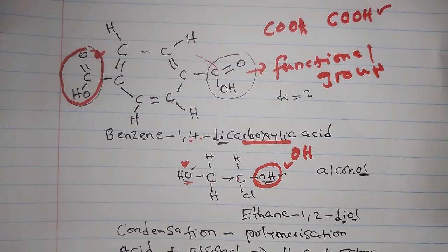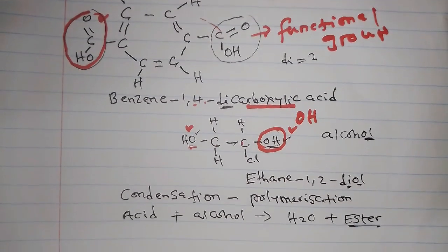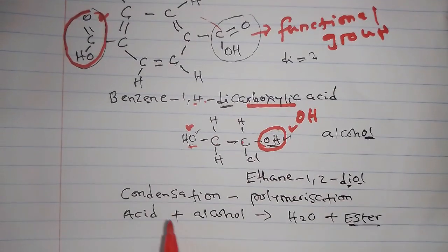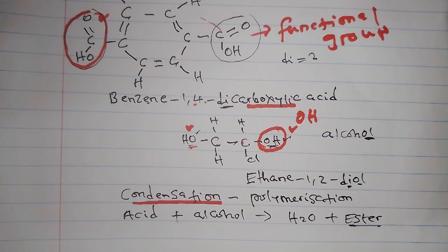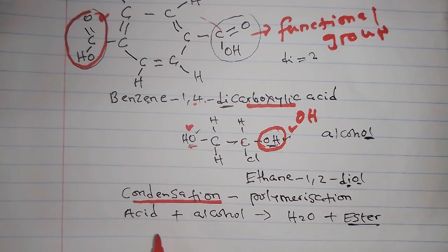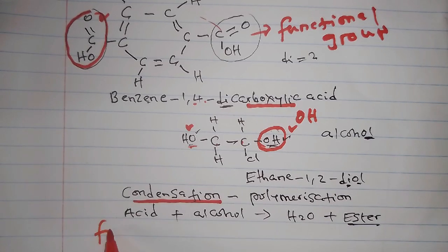Now when you are looking at polymers, there is a type of reaction that you need to understand: condensation polymerization. This is a type of reaction which occurs for these polymers to be formed. Of course, there is also addition polymerization. But condensation polymerization only focuses on the reaction of the functional groups.